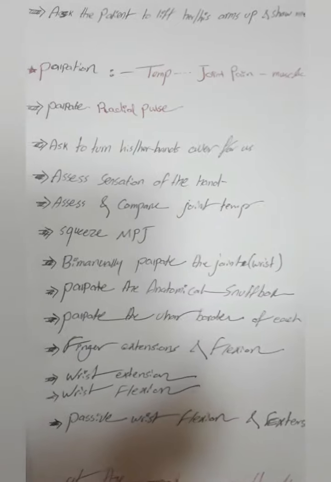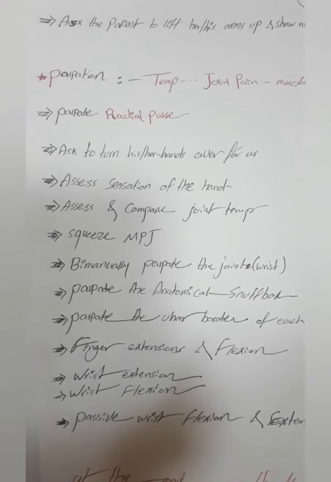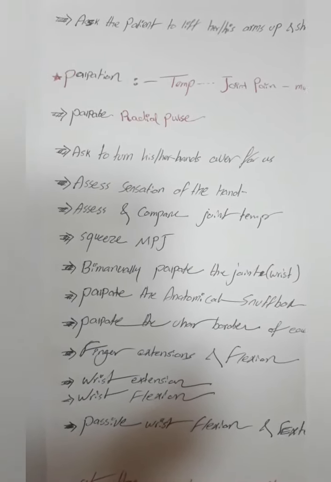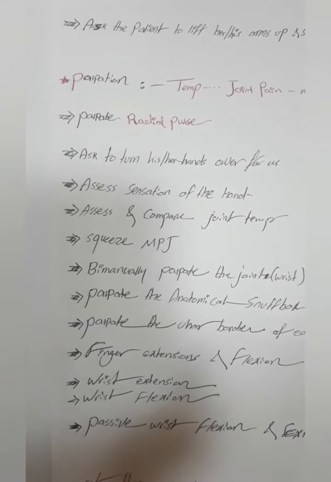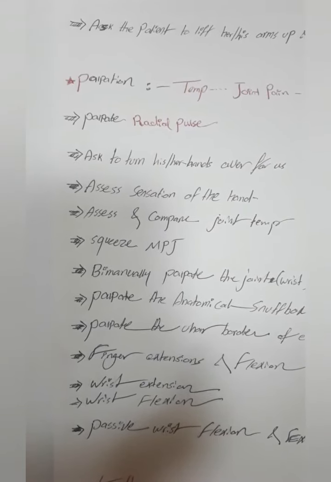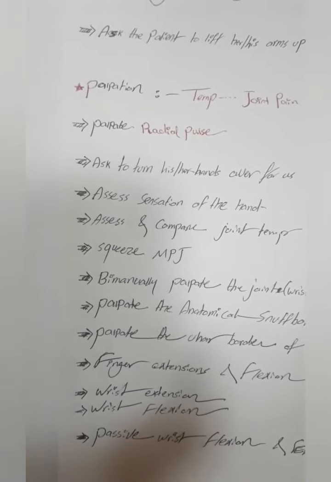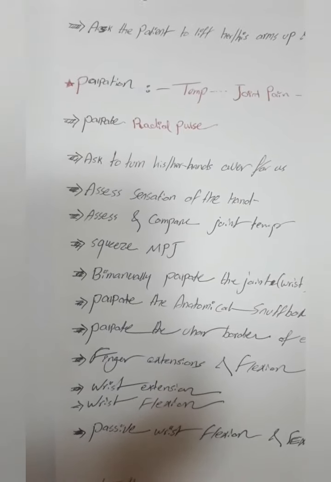And then assess sensation of the hand. I mean, ask the patient to close his eyes and I'm gonna touch the hands very gently, and ask the patient to say yes when they feel it, okay?